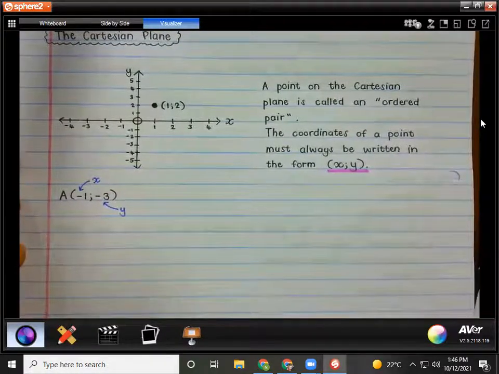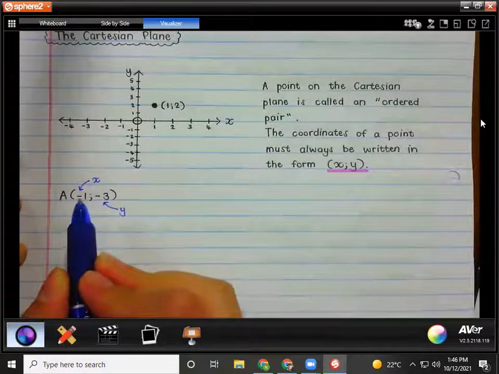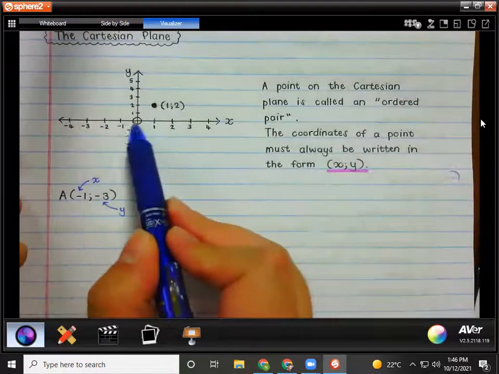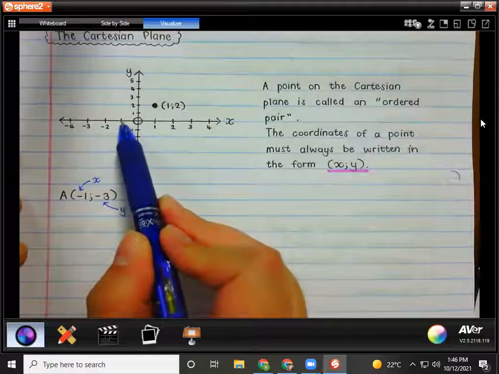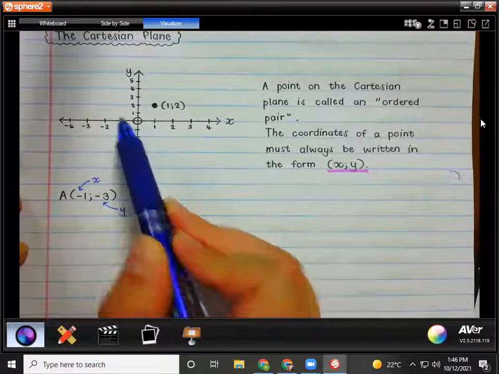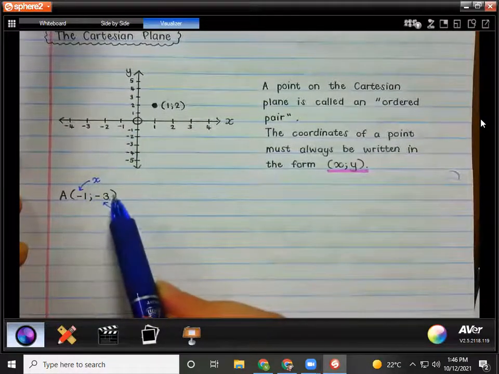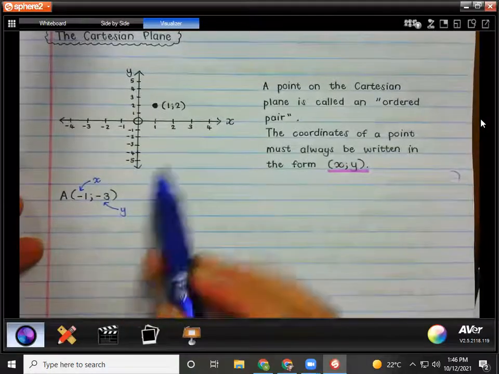So this point A has to be in line with -1 on the x-axis. So let's go to the x-axis. Let's find -1. It's over there, right? -1 on the x-axis. And at the same time, it has to be in line with -3 on the y-axis.